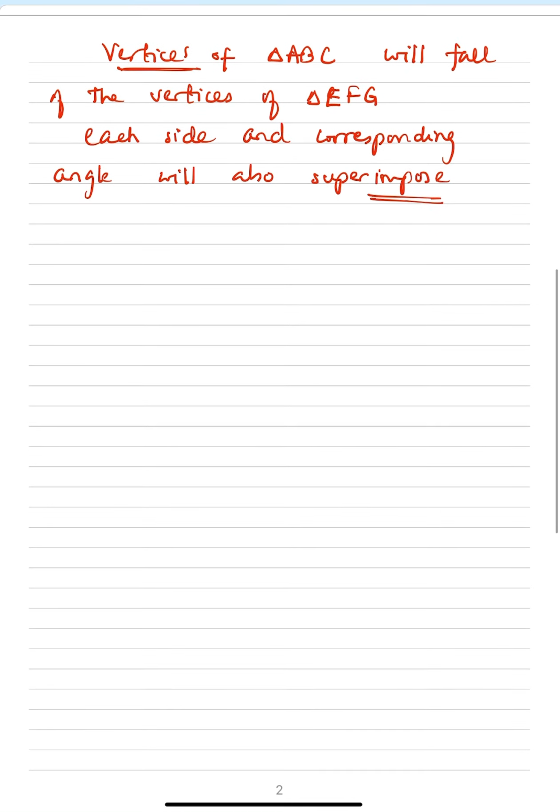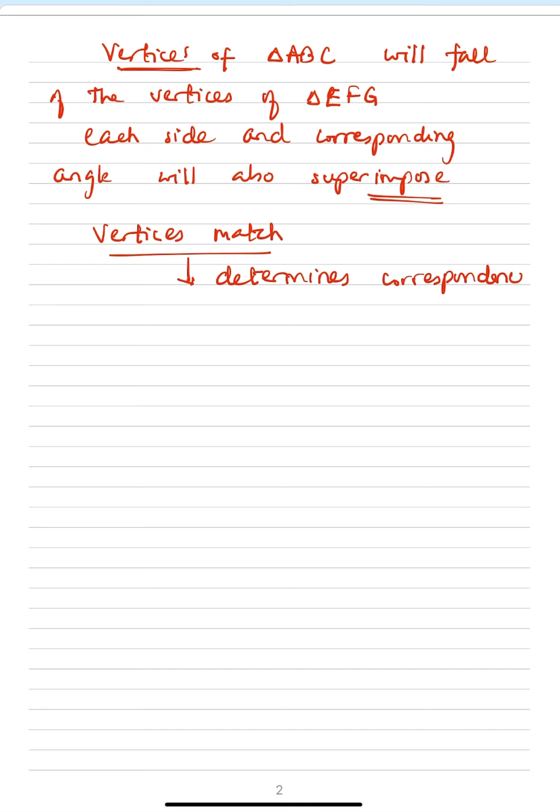That simply we can say that the order in which the vertices match, when the vertices match, automatically this determines the correspondence between the sides and the angles of the two triangles.